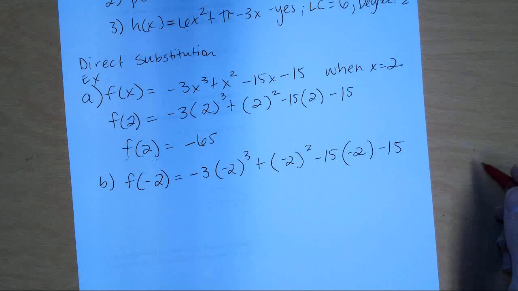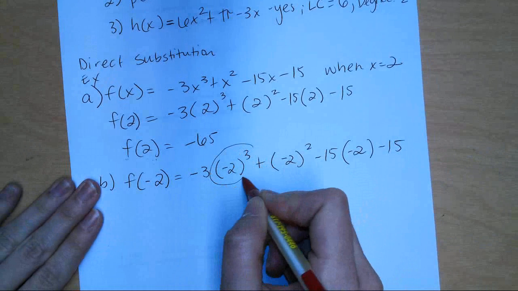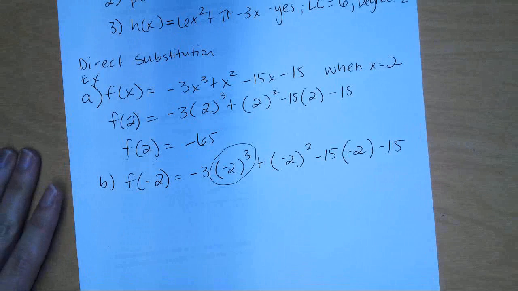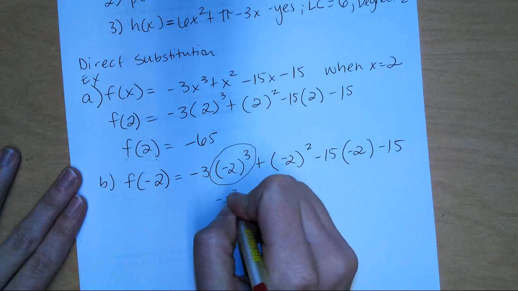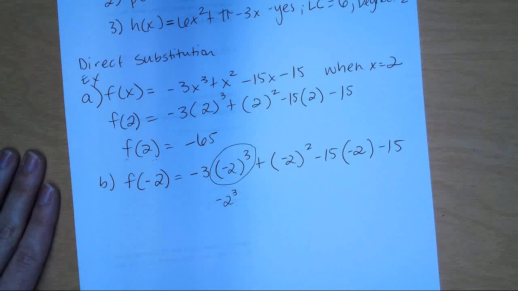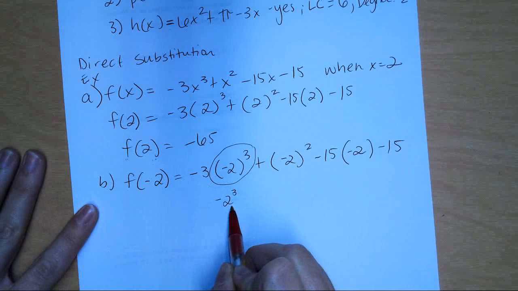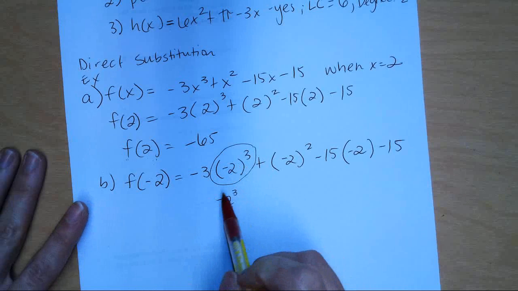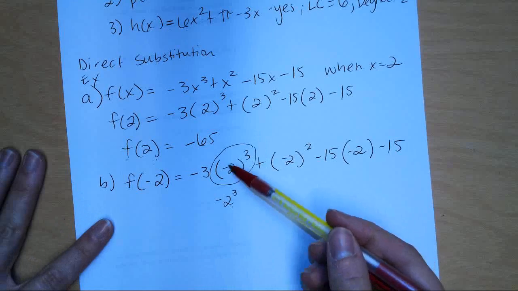Here's what I want you to see. Right here, if I didn't put the parentheses and I just thought of it as negative 2 cubed, what is negative 2 cubed like this? It's negative 8. No, sorry, I'm lying to you. They're actually both negative 8.